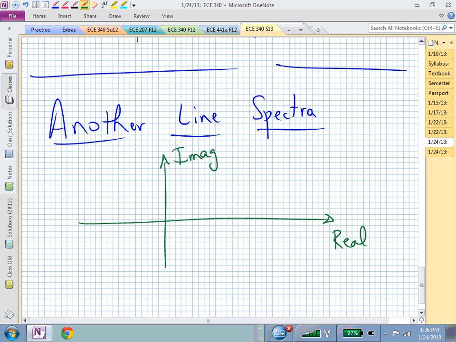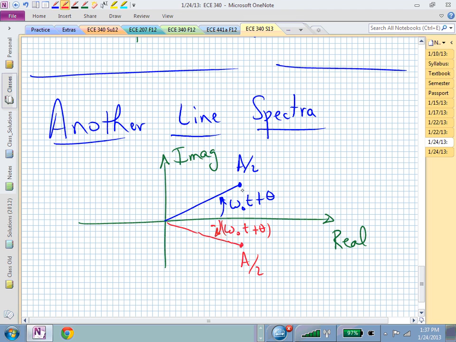Meaning, we could now have a piece that was, let's say, A over 2, and maybe this one is now the omega naught t plus theta, but we now also have another one that's spinning clockwise, and that's now with a negative sign associated with it, and it also has a magnitude of A over 2.